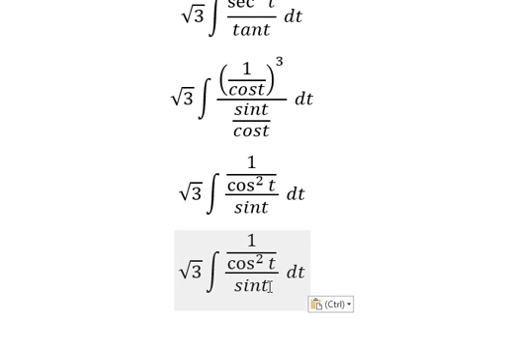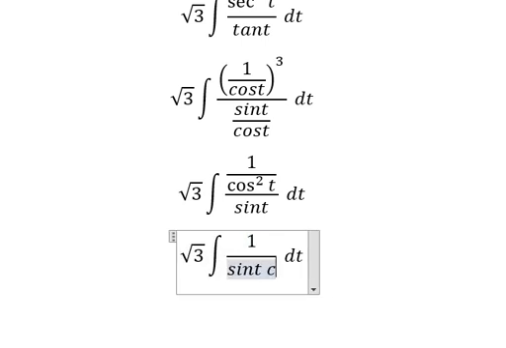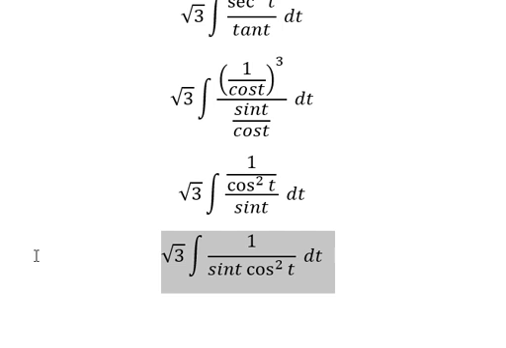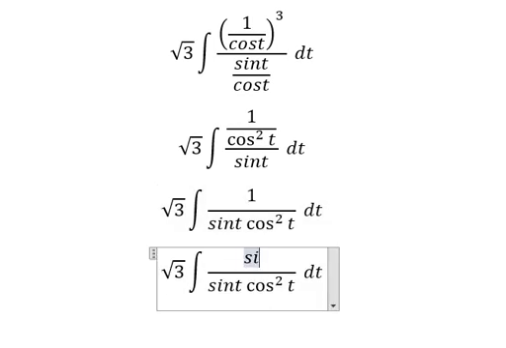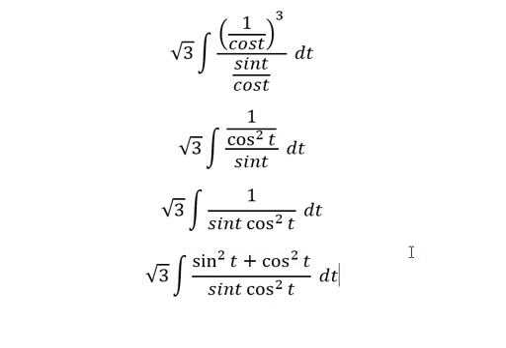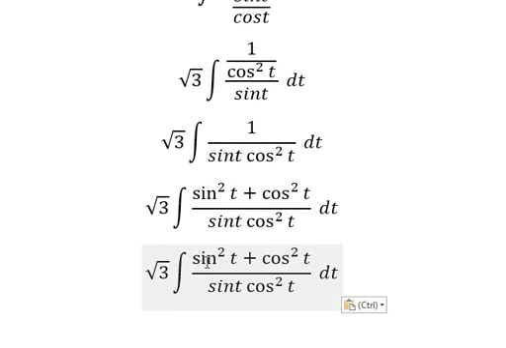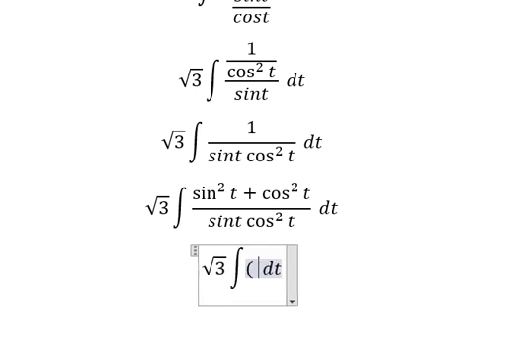So cosine t, I will put this one in here. Next, 1 is sine t squared plus cosine t squared. Next, this one divided by this one, and this one divided by this one. So we have like this.